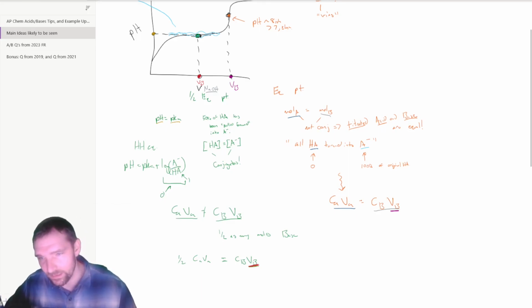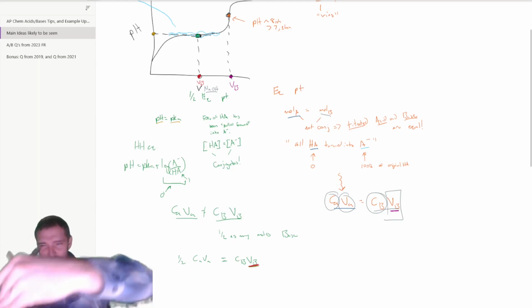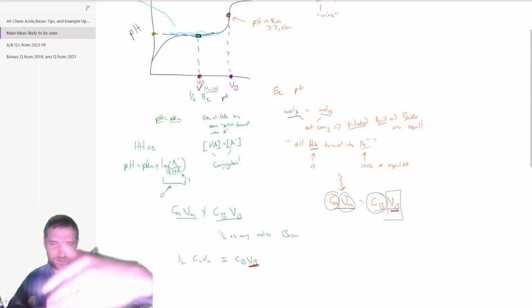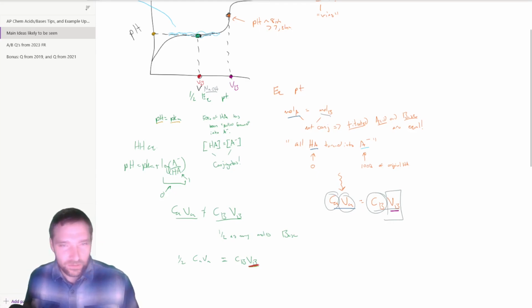In other words, you're probably going to know this and that, so you can solve for that most of the time. And if you can do that at the equivalence point, you should be able to figure out backwards how much volume you would have at the half equivalence point, because it would be half that volume to give you half that many moles. So that's the main big picture on all this.